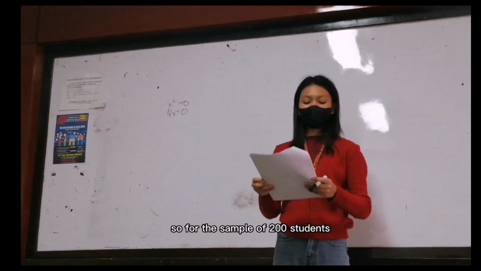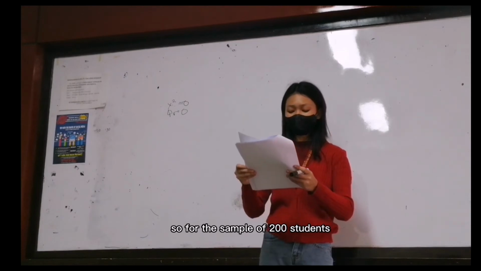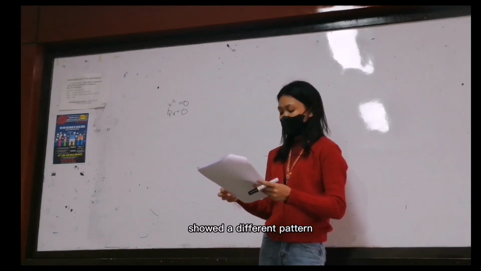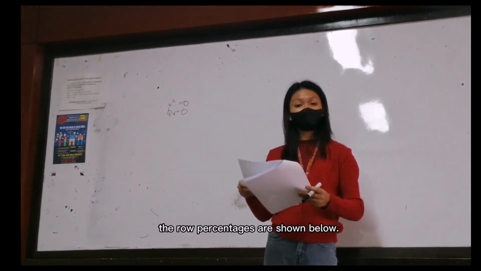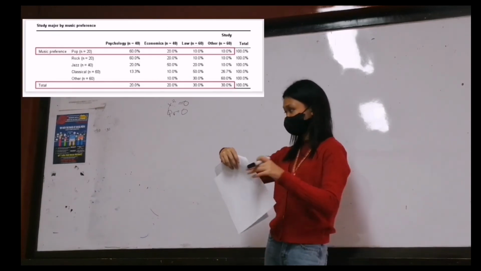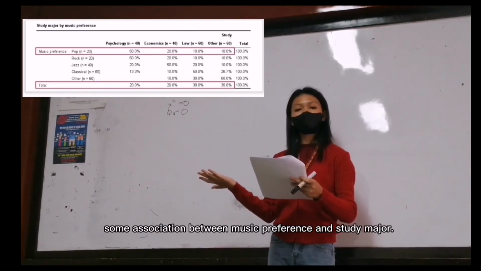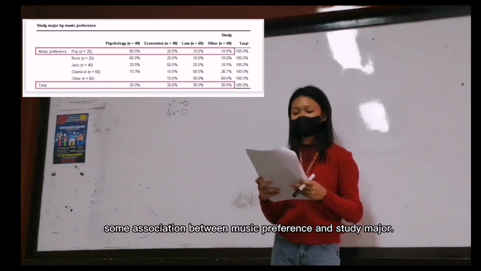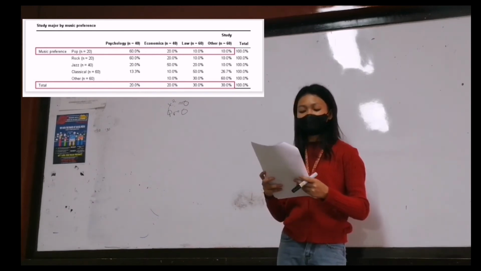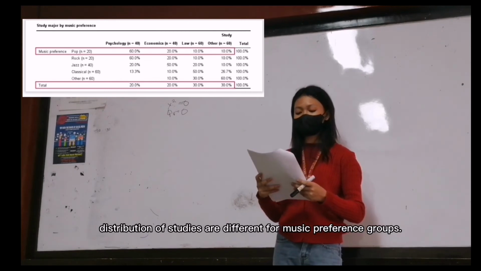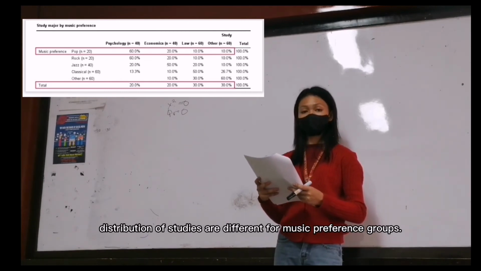For the second sample of 200 students, we have a different pattern. The row percentages are shown below. This table shows some association between music preference and study major. The frequency distribution of study major is different for each music preference group.